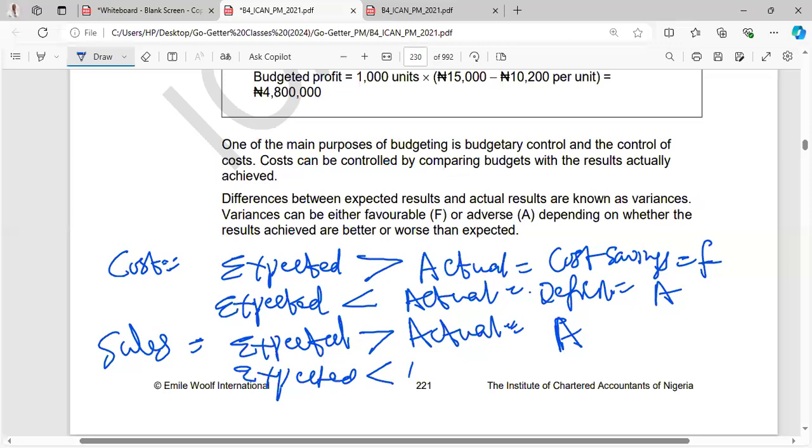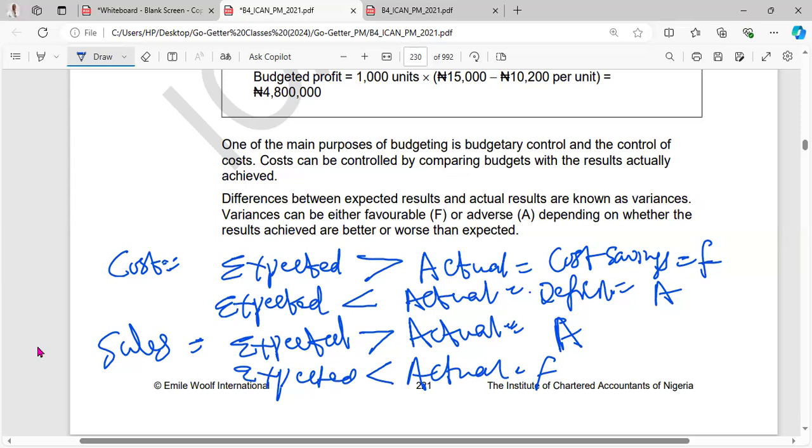So all you just need to do is know about cost variance, flip it to the opposite side for sales in your mind, then you are in line. There is no generally accepted rule that this is the way you must write your formula.